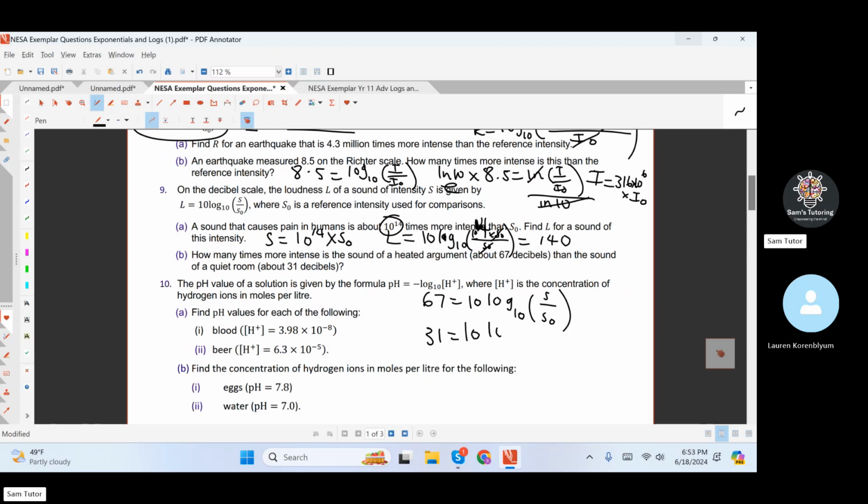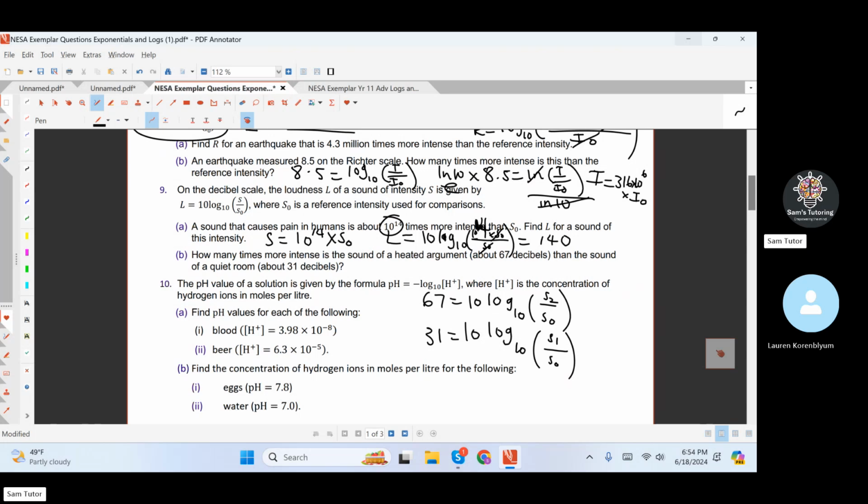Can you please go and work out, and to make it easier, call this S2 and call this S1. S naught does not change because that's your reference comparison. You're going to compare it to that number. So can we please work out what S1 and S2 is? Please try to find S1 and S2.